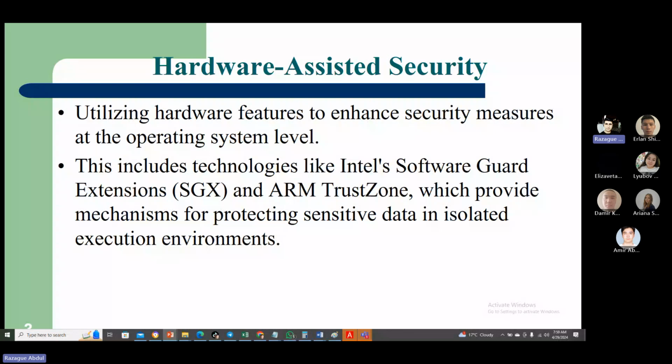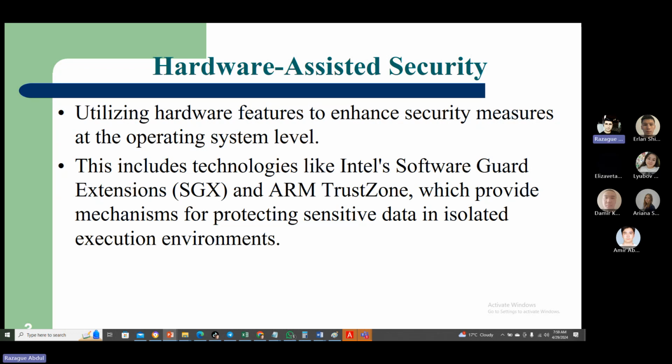This secure mode can operate independently of the operating system, providing a protected area for sensitive data and critical security functions. Applications can leverage TrustZone to perform confidential and cryptographic operations safe from exposure to high risk software environments.